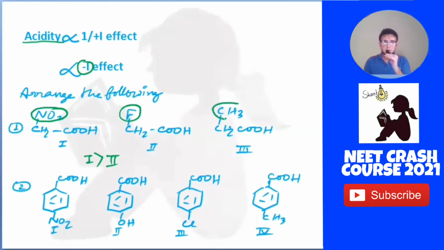Then comes our CH3, that is our plus I effect. So acidity is inversely proportional to plus I effect, so that's why it will have the least acidity here. So this will be the order. Okay, so another question is given, that is NO2 is also present here, that means it will have the most acidity here. Then we have OH, then Cl.